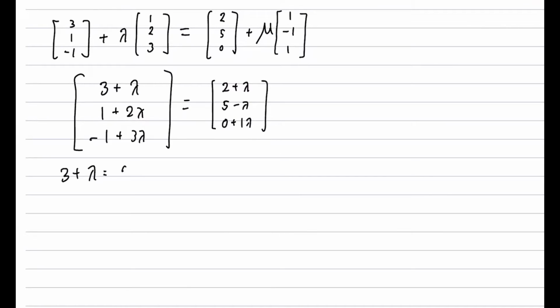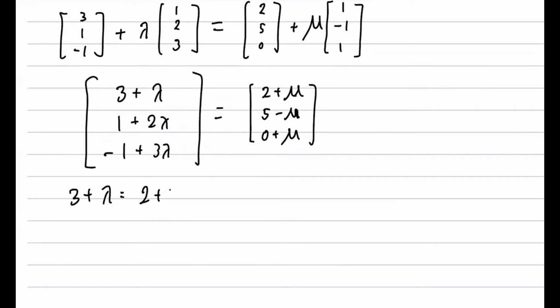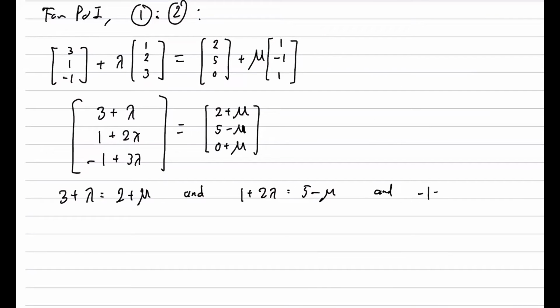So 3 plus lambda equals 2 plus mu. Sorry, I meant to write down mu. Sorry, I changed a lot of things, I hope you're not confused. Okay, comparing x, and what else do you get? 1 plus 2 lambda equals 5 minus mu. And minus 1 plus 3 lambda equals mu.